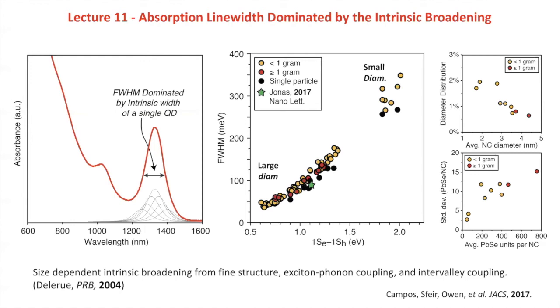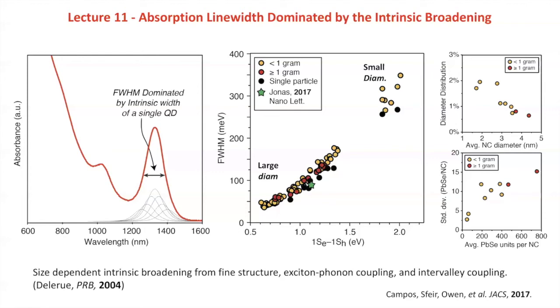Often, the way people will measure this or estimate the size distribution is by looking at the width of the excitonic feature. Right? The energy of these excitonic features is size dependent, and if you have a distribution of sizes, you will have a distribution of energies. And so people often use that width as a measurement of the size, but it turns out that each individual size also has an intrinsic kind of a width to it.